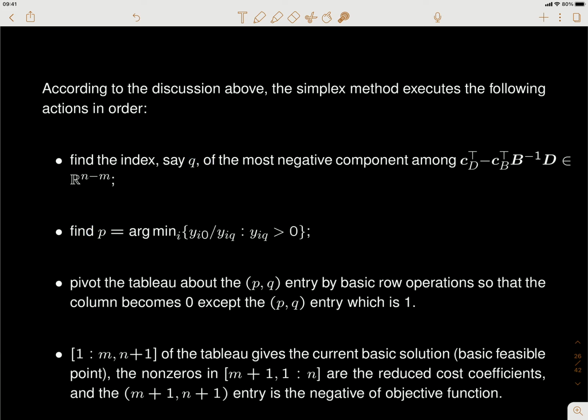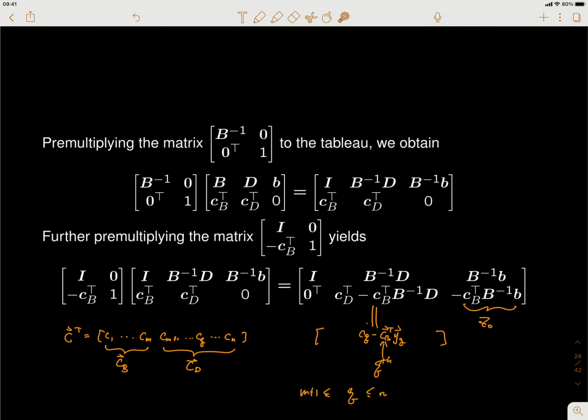Then we pivot the tableau. Remember that the p's column has a one as one component, and the others are 0. Now we pick the q's column as the new basic column, so I replace the unit vector, the 0, 1, 0 vector from earlier, by this q's vector. I do basic row operations so that this column becomes that column.